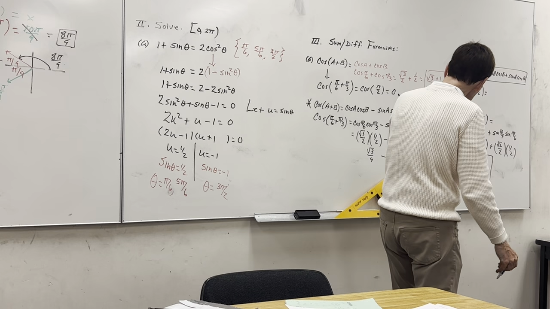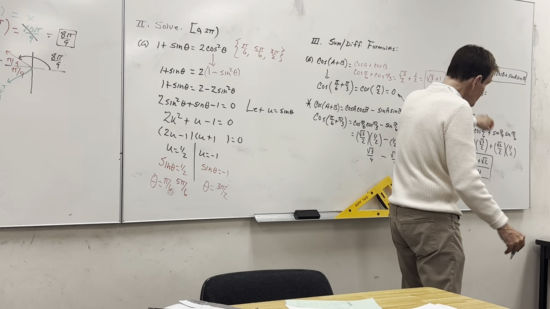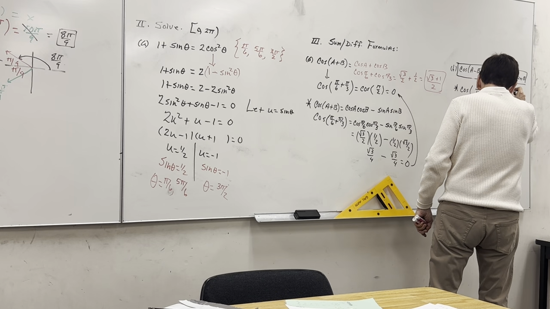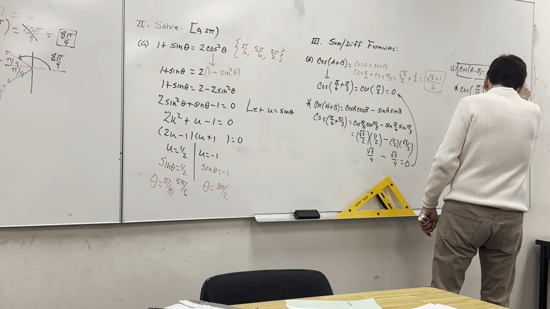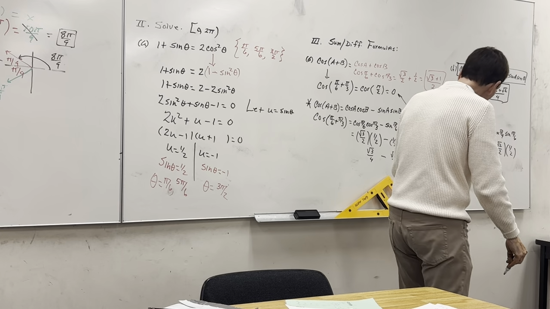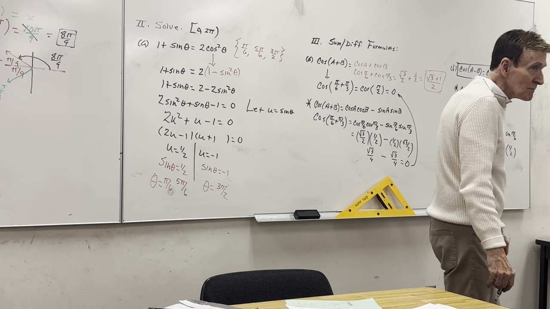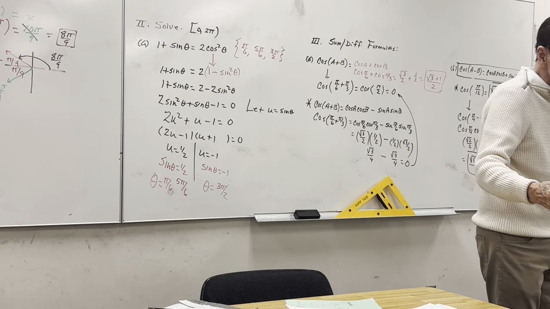Now what is this? That's the cosine of pi over 12. Radical 6 plus radical 2 all over 4. Whoa. See how helpful that was?